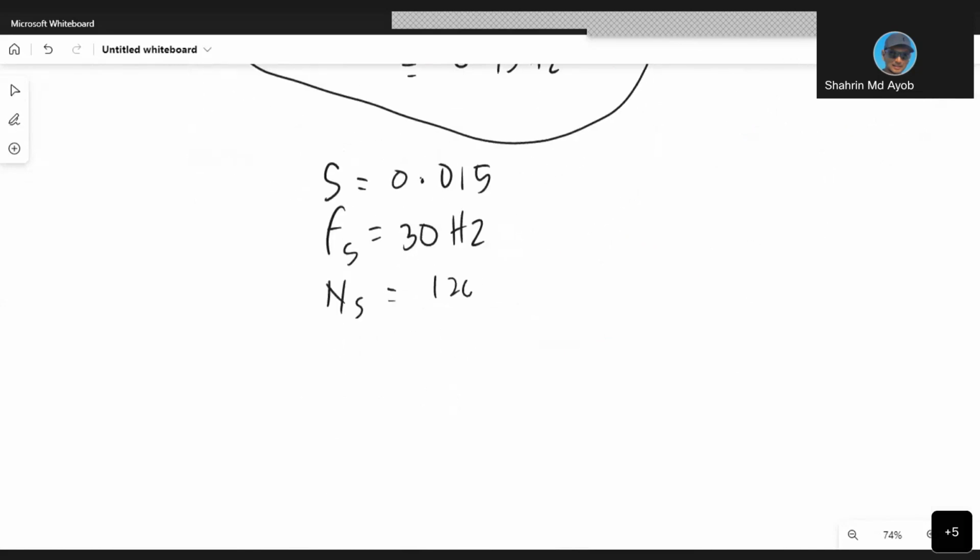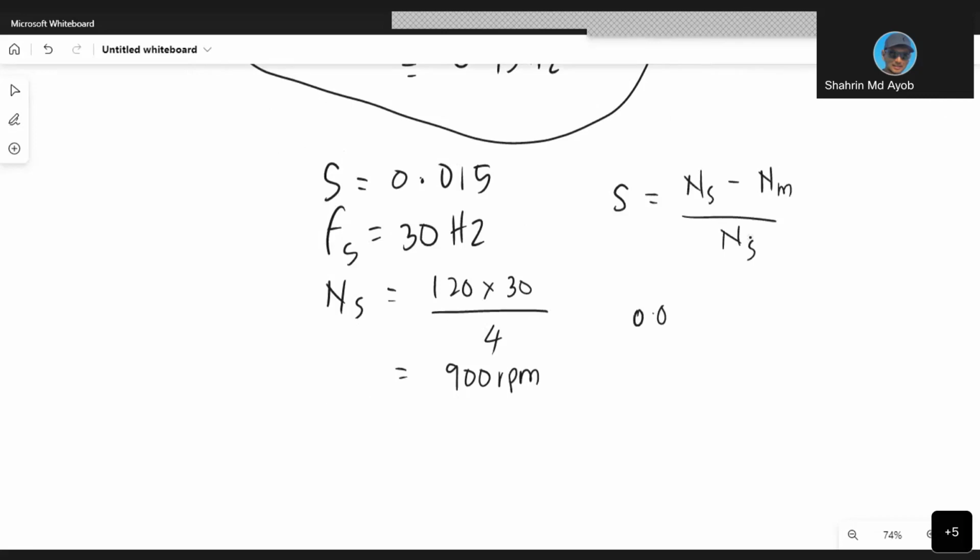Your Ns is 120 multiplied with 30 over 4, which is 900 RPM. And you know that S equals Ns minus Nm over Ns. So 0.015 equals 900 minus Nm over 900. So you should get the value around 886.5 RPM.